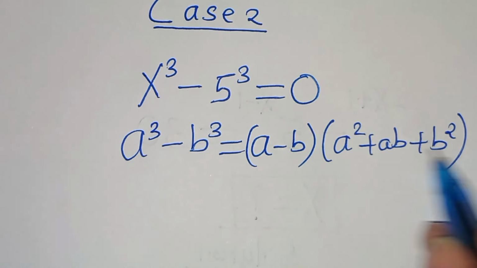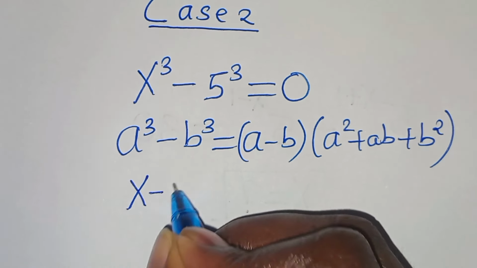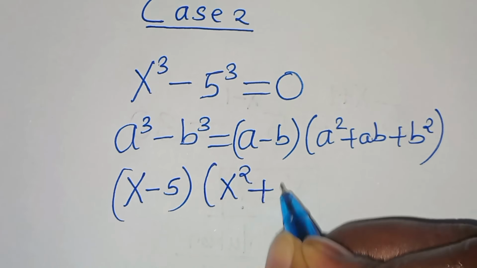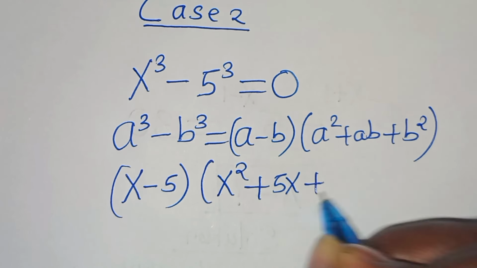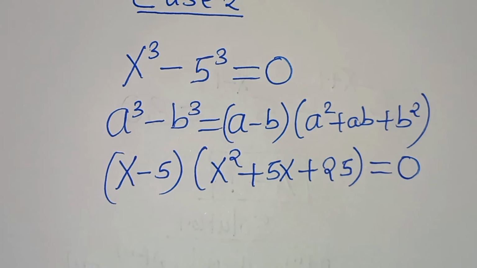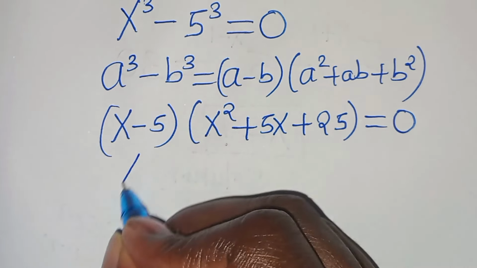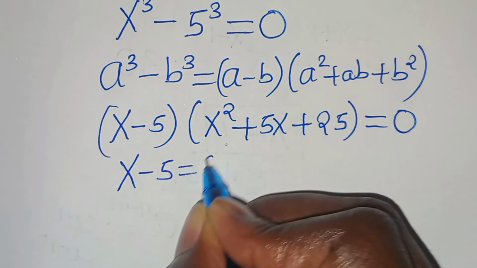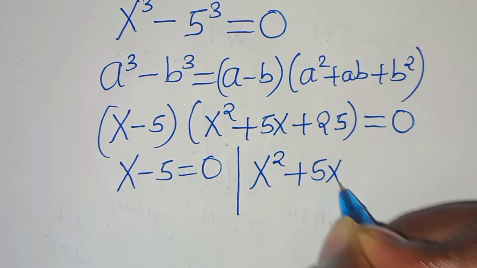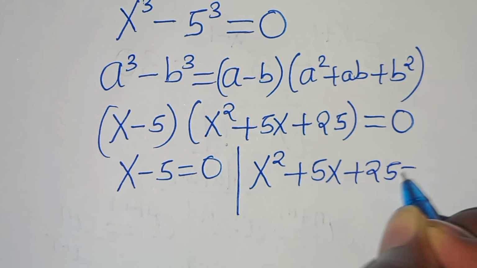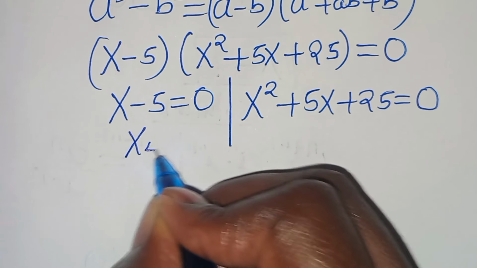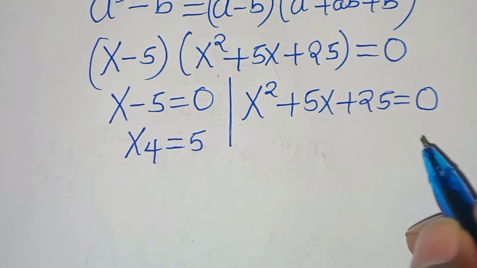Now applying this identity, we have x minus 5, x squared plus 5x, then plus 5 squared, this is 25, equal to 0. So again, we have two parts here. We have x minus 5 equal to 0, and then we have x to the power of 2 plus 5x plus 25 equal to 0. So we have x4 equal to 5.